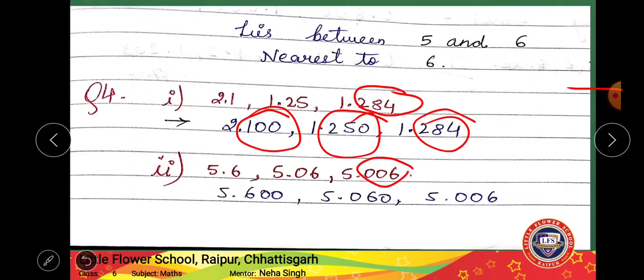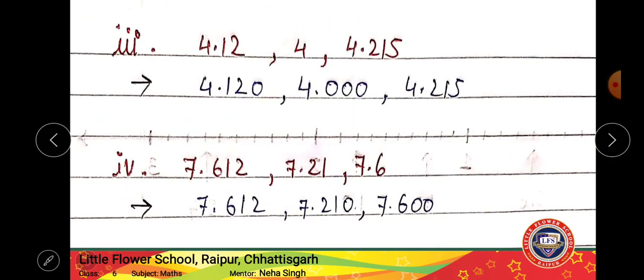Similarly 5.6, 5.06, 5.006. Again the largest is this, 3 places of decimal. So we will convert this also to 3 places, this also to 3 places, by adding the zeros after the digits. Here one 0 we need to add and here 2 zeros, right? Now the third question.